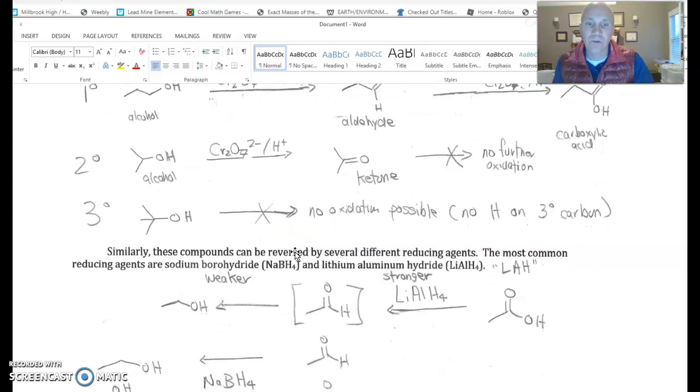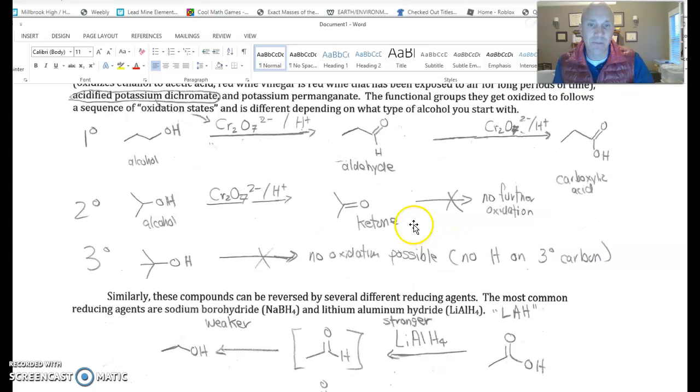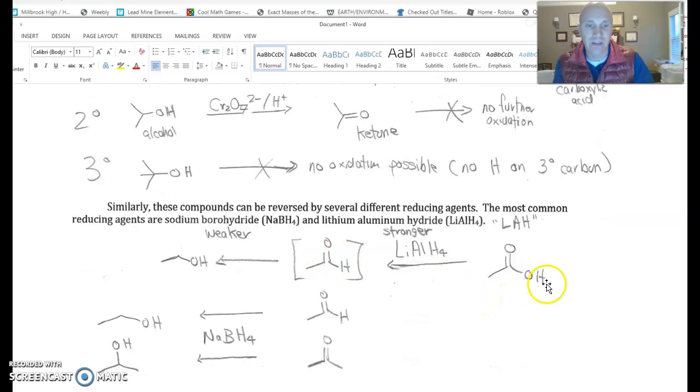The same goes in the opposite direction. If we're going to the left, we would be either removing an oxygen or adding hydrogens, and that's a reduction. If we're going to the left, there are two possible reagents: lithium aluminum hydride or sodium borohydride, and these are the formulas for those.